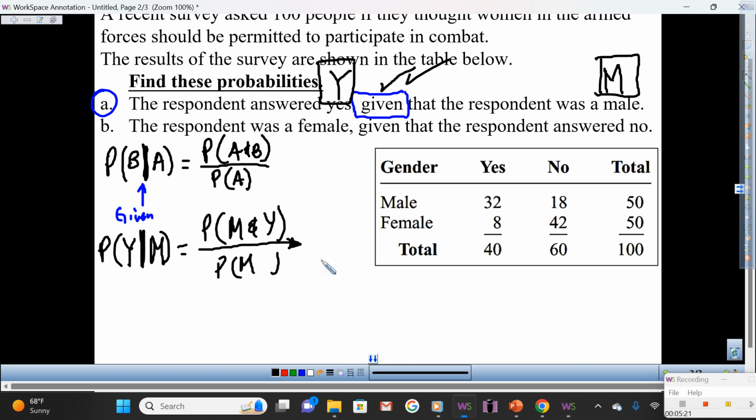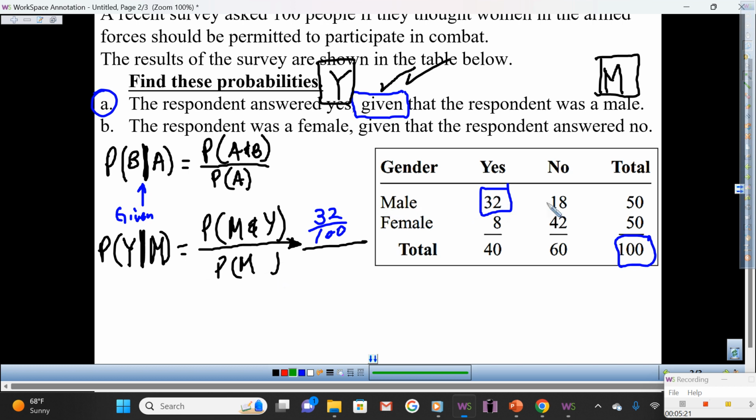So, now that we have our setup, let's go to our table. Male, that said yes. Let's go to male, and yes is what? 32. However, it needs to be in fraction form. 32 over what? 32 over 100. Does everybody see that? Over total male.